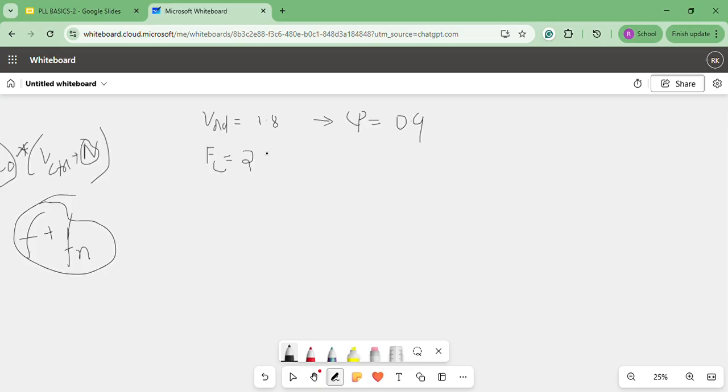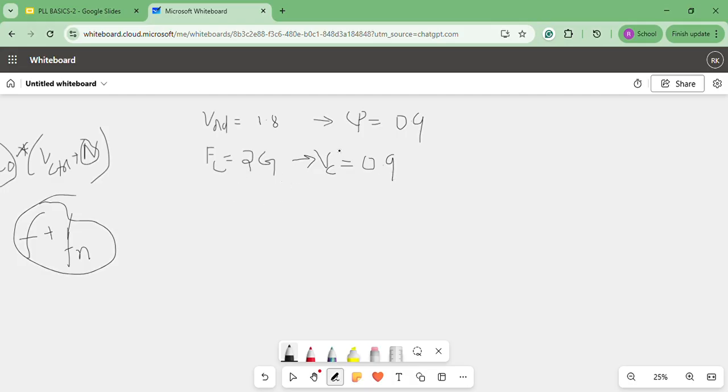As we have already discussed, we are designing our VCO for a center frequency of 2 gigahertz. Suppose I want a 2 gigahertz frequency; what is the safe control voltage? Our VDD is 1.8 volt, so the maximum safe voltage can be VDD by 2, that is 0.9.